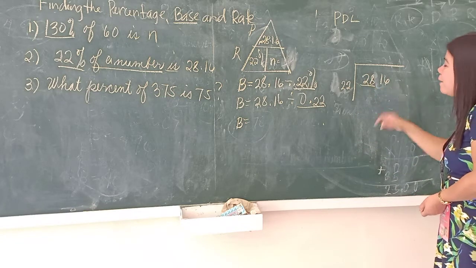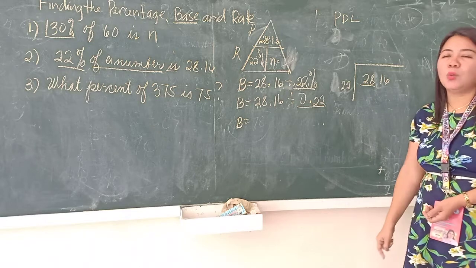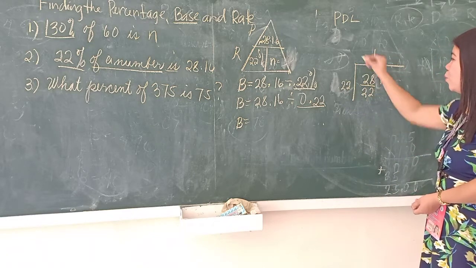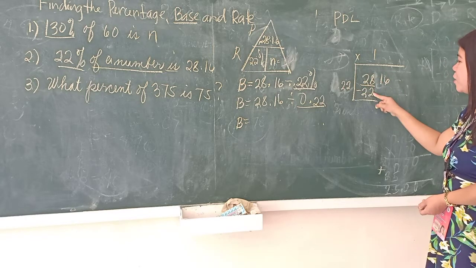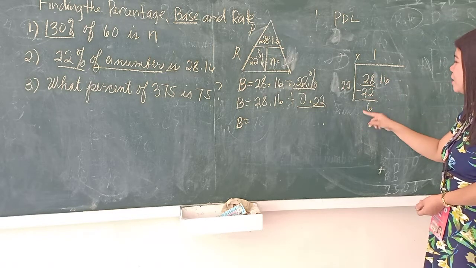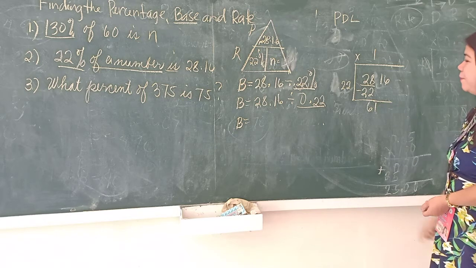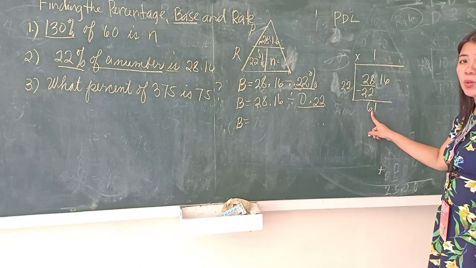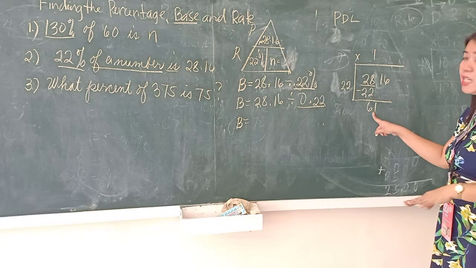Hindi ta napag-uruto na nga at kaya nila 28 sa 22. So, pila ka 22 sa 28? 1. 22. Okay, 8 minus 2, 6. 2 minus 2 is 0. Bring down 1. Okay? Pila ka 22 sa 61? It's only 2. Eh kung mag-3 ka, karon 66 sobra.